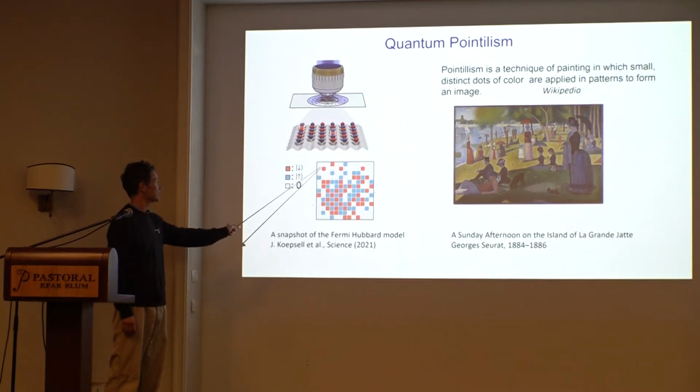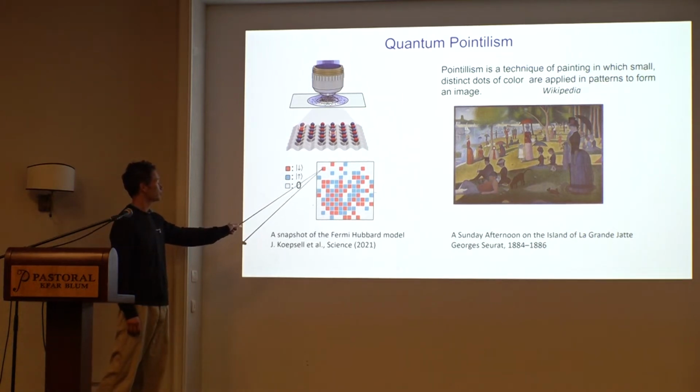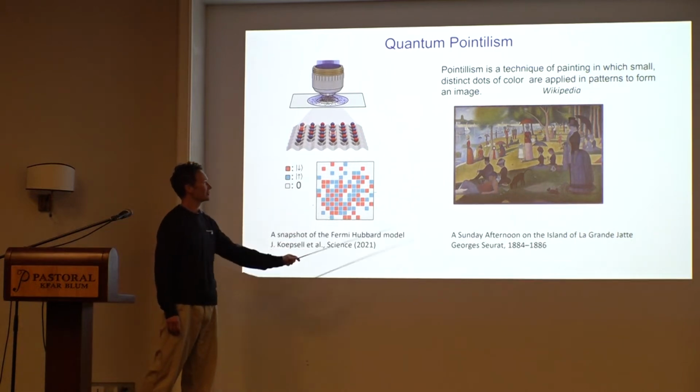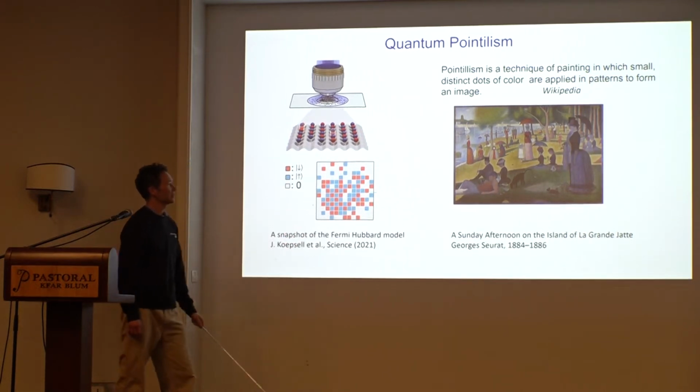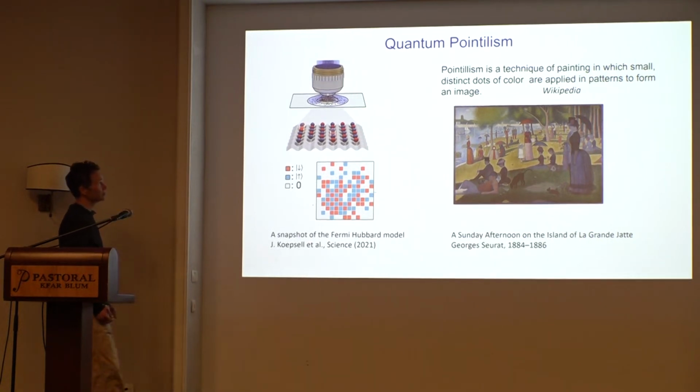Where you see a red dot, this is when in the experiment they measured a fermion with spin down. The blue dot corresponds to a fermion with spin up. At least I sometimes draw an analogy between these pictures and the style of painting called pointillism.